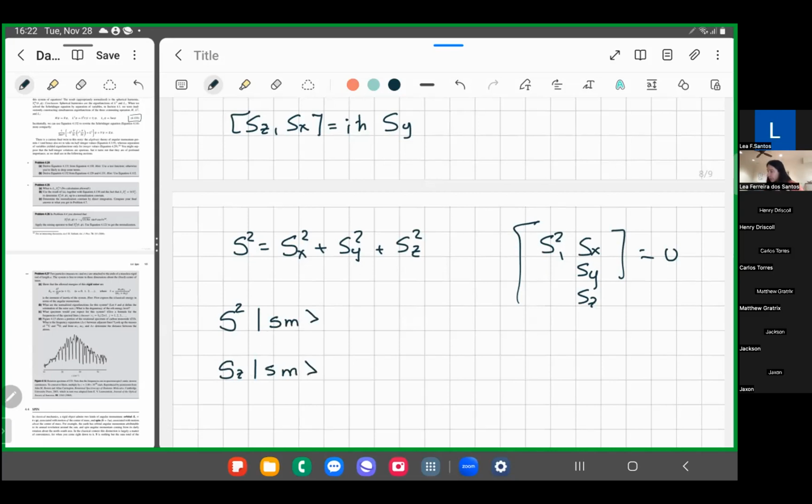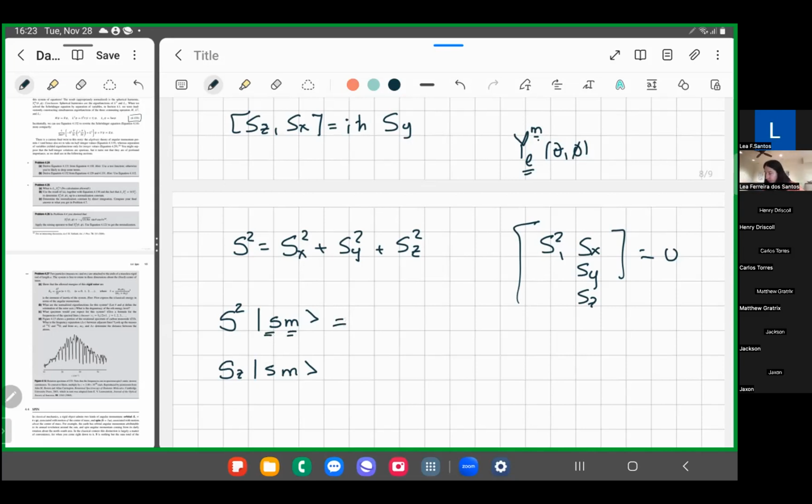Remember, when we were using the orbital angular momentum, we had those solutions LM. These were the eigenfunctions that depend on L and M. Here again, it depends on S and M. What are the eigenvalues?